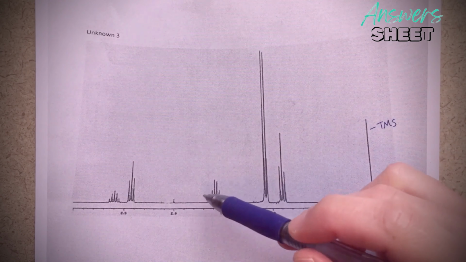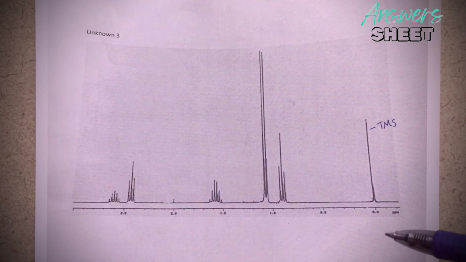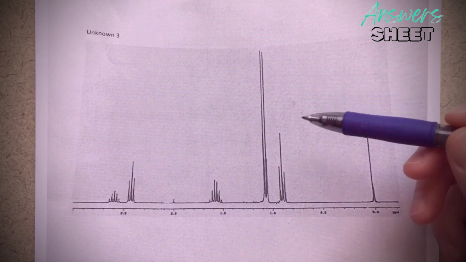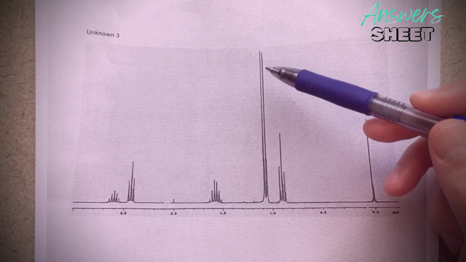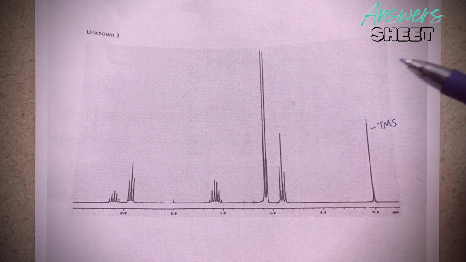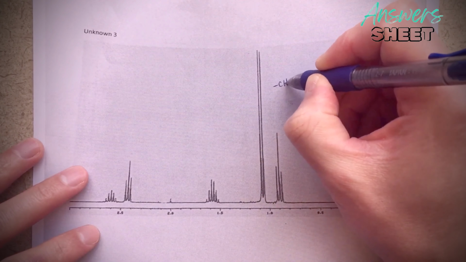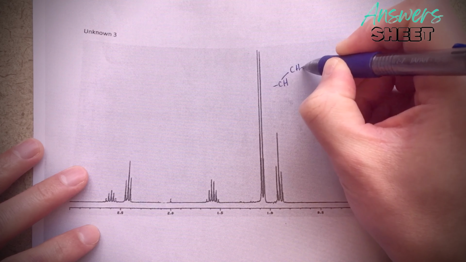Then I've got 1, 2, 3, 4, 5 distinct signals that I will want to identify. The first thing that really jumps out at me is this big doublet. Anytime we see a big doublet, right away that indicates an isopropyl group.